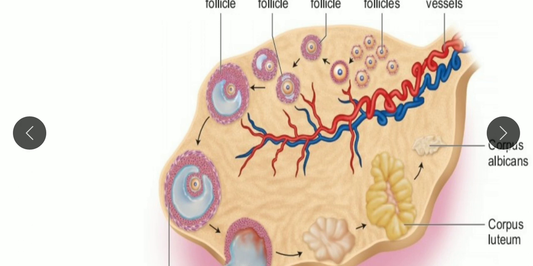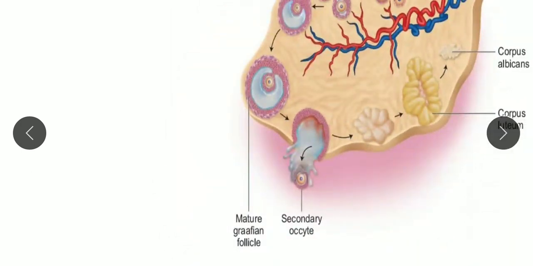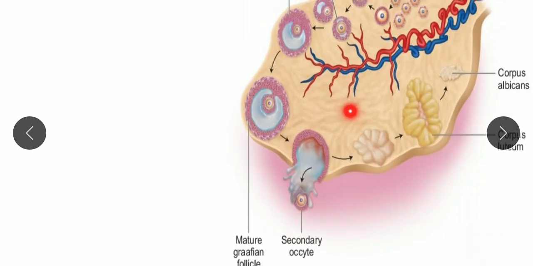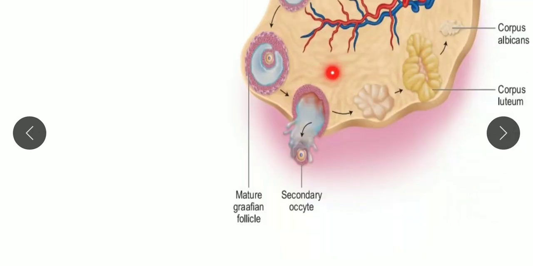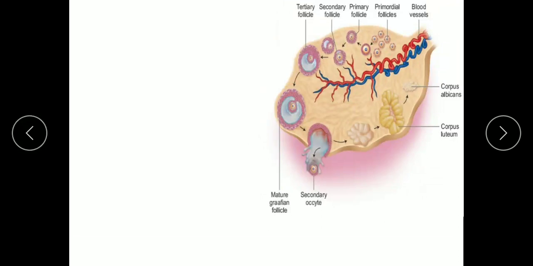Primary follicles further develop into secondary and tertiary follicles, then mature Graafian follicles, then the secondary oocyte. The secondary oocyte is released from the Graafian follicle, leaving the corpus luteum. The egg is released from the ovary by the process of ovulation. This is how the ovary produces an ovum.